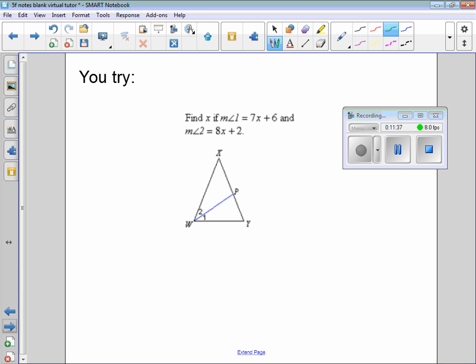All right, so in this question, they ask you to find x if the measure of angle 1 is 7x plus 6, and the measure of angle 2 is 8x plus 2. So given that WP is an angle bisector, we know that angle 1 and angle 2 are equal.